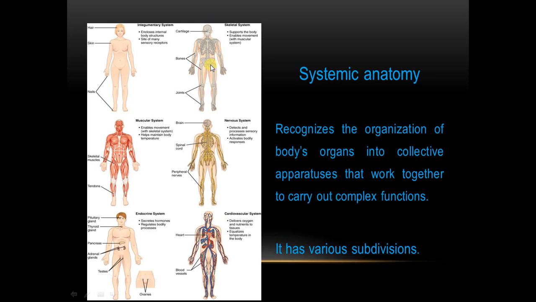Then you have the skeletal system, which deals with your bones. Of course, muscular system, nervous system, endocrine system, cardiovascular system, and some other systems which are not shown here, such as the excretory system, reproductive system, and so on. So either we can approach anatomy system wise or region wise.